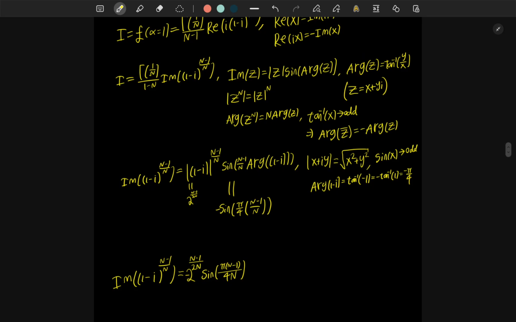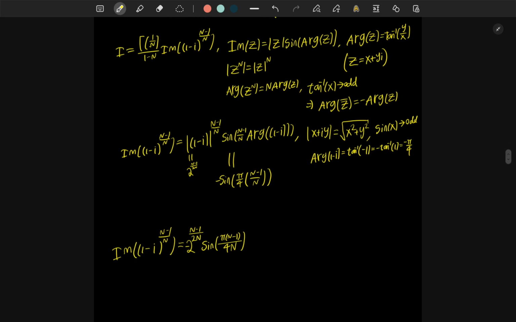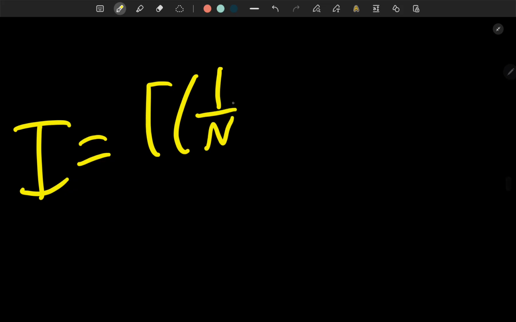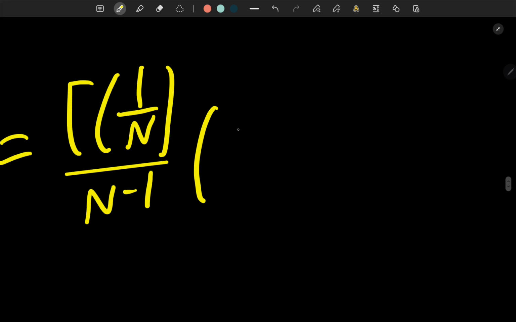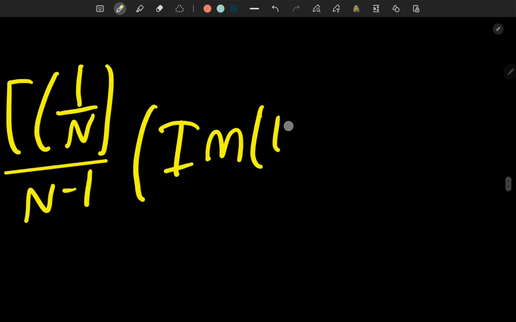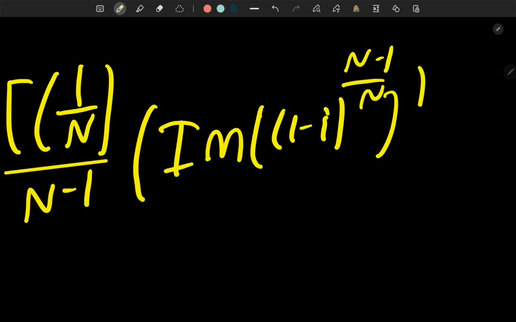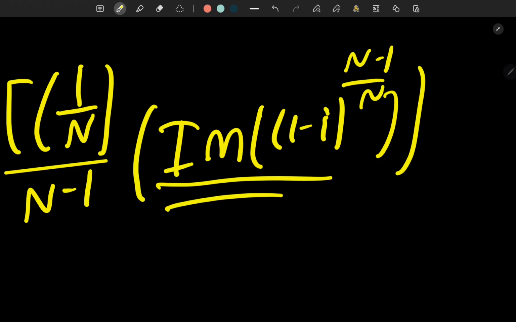And if we multiply this by gamma of 1 over n divided by n minus 1, that is equal to gamma of 1 over n divided by n minus 1 times the imaginary part of 1 minus i to the n minus 1 over n. We just evaluated this right here.